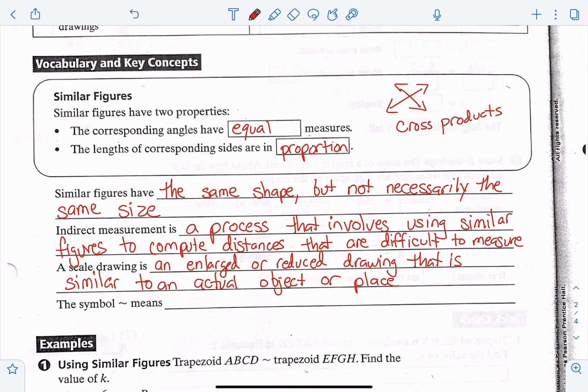And then the last vocab, this symbol, which is like a squiggly line, it means is similar to. So when we're doing similar figures, they're going to give you trapezoid names or shape names with the letters, and then they're going to have that squiggly symbol in between to say is similar to.